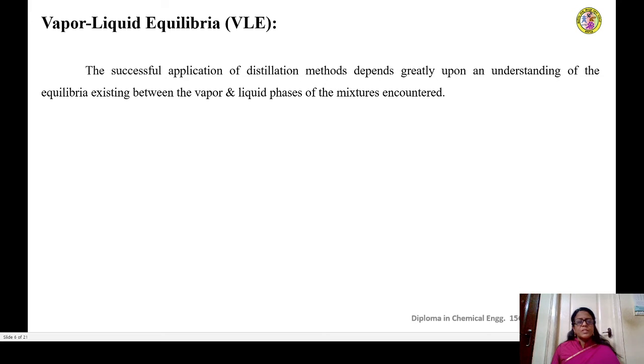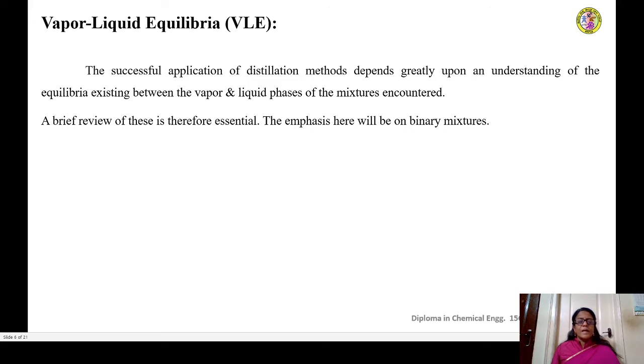That means whatever mixture you take up for separation in a distillation operation, what is the equilibrium relationship between the vapor and liquid phases? That understanding is important.